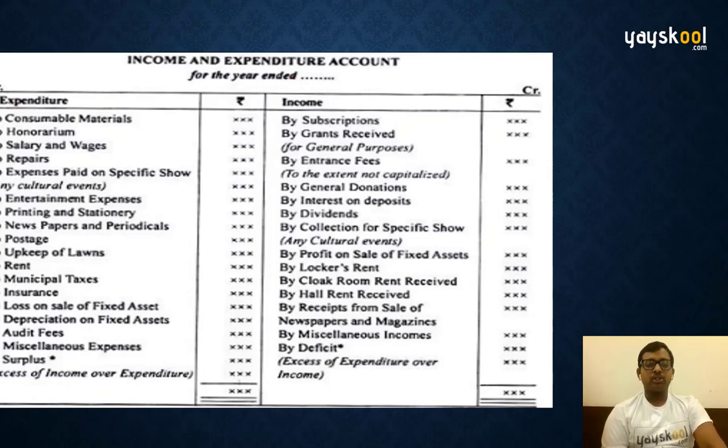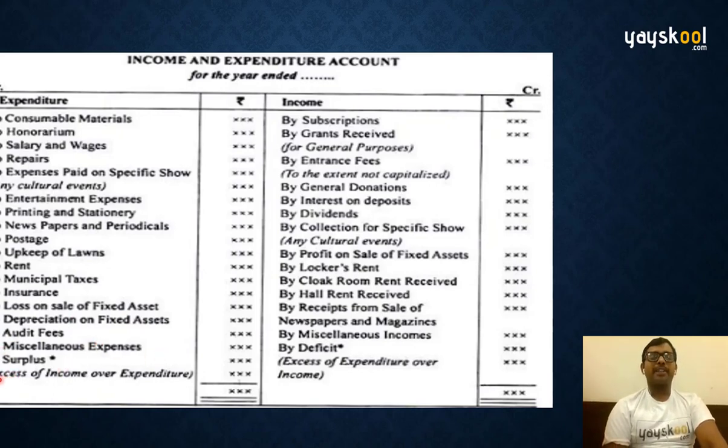Debit side shows all the expenditures like to consumable materials, to honorarium, to salary and wages, to expenses paid on specific show (any cultural events), to entertainment expenses, to printing and stationery, to newspapers and periodicals, to postage, to upkeep of lawns, to rent, municipal taxes, to insurance, to loss on sale of fixed assets, to depreciation on fixed assets, to audit fees, to miscellaneous expenses, to surplus.